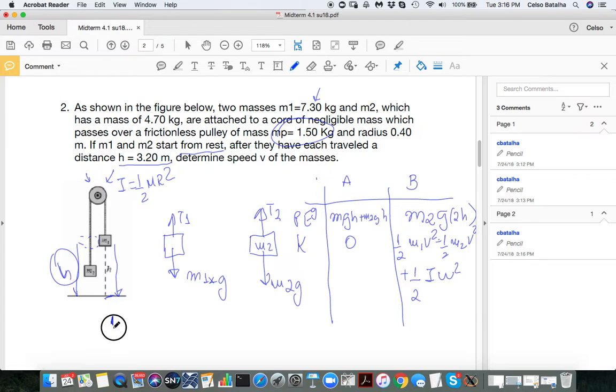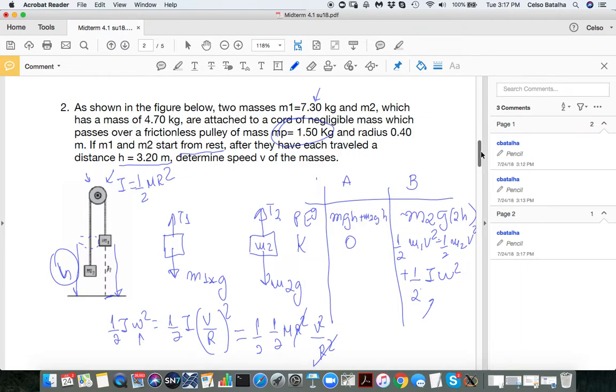And then here on the side, half I omega square is equal to half I (V over R) square, because V over R is omega. Okay, and then you replace moment of inertia by the standard formulation. It does not depend on radius. And then this quantity would be plugged here. Okay, and now we can solve for V. So we have 1, 2, 3 terms in V square, and everything else is given, and then you can solve.